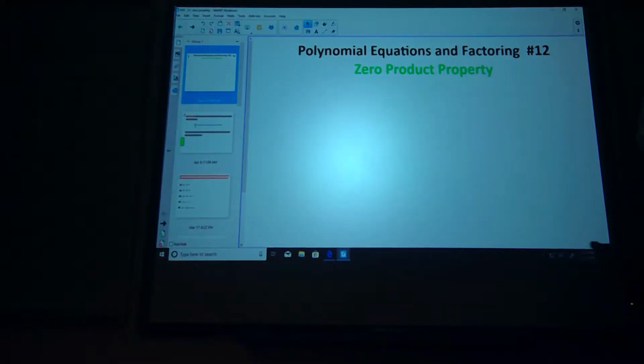All right. So we are going to continue with our adventure of factoring. The only thing that's different is we're going to put an equal sign. So if I put an equal sign, I'm actually trying to figure out what x is equal to, which is just one step further.